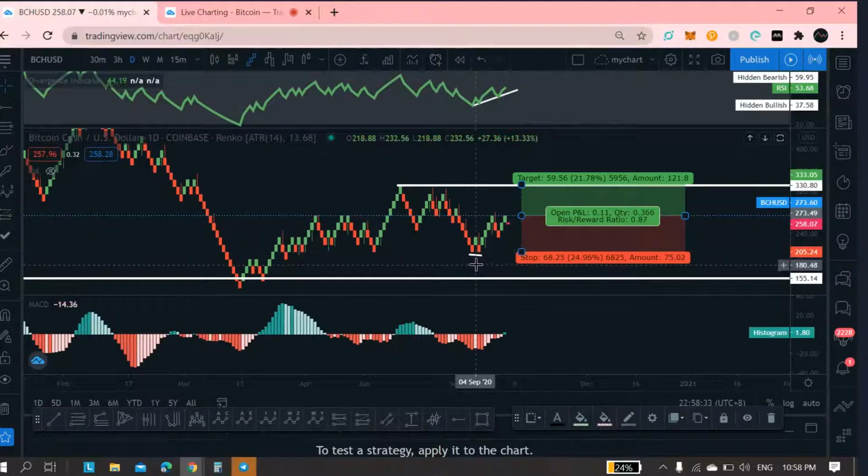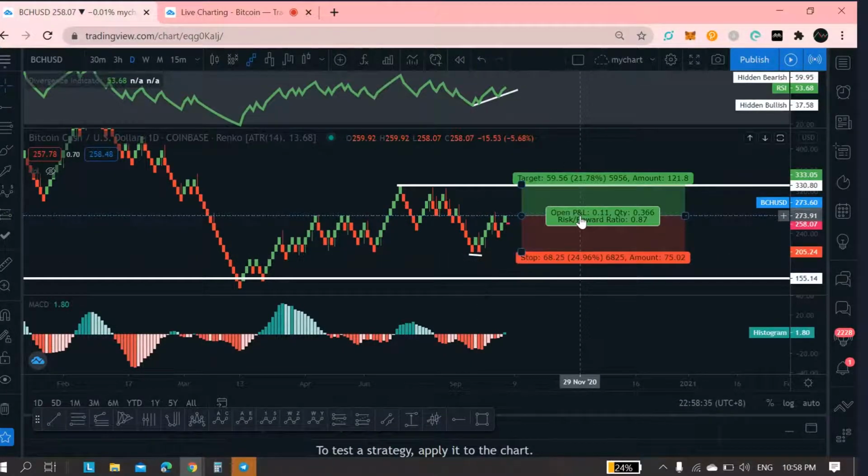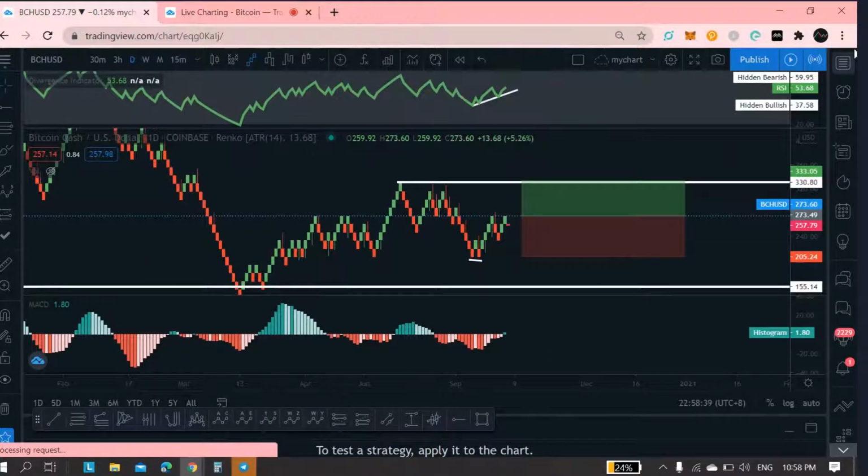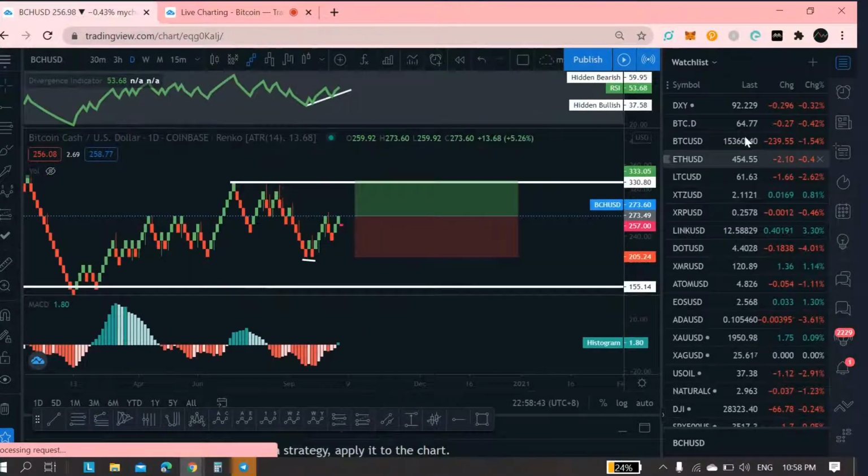Because if it will try to retest that, that will not be a profitable trade. So let me just check what's happening. BTC might be trending lower. Oh, 360 area. So most of them are now on the red side.